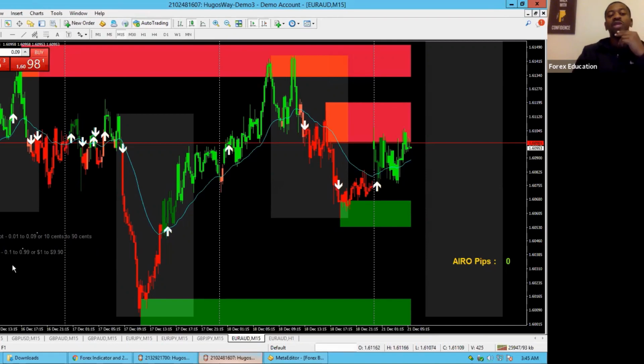So a mini lot is written 0.1 to 0.99. So 0.1 is a $1 lot size or a mini lot. All right, $1. So you're wagering $1 per pip. I'll explain what I mean here in a second. All right, it'll all come together.